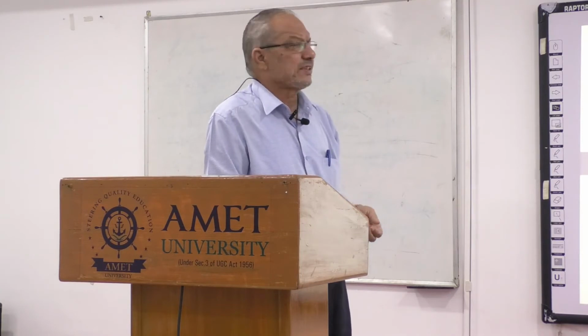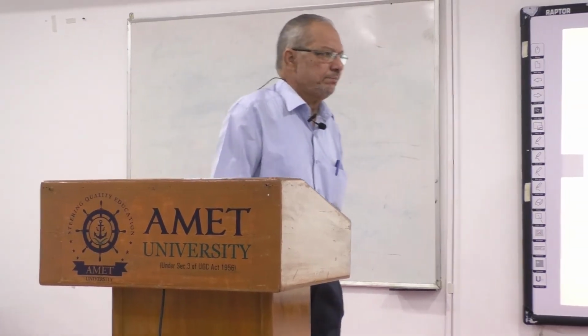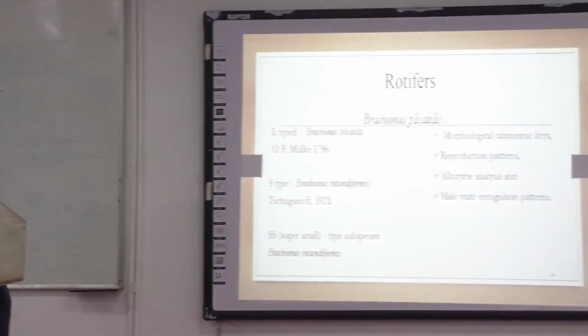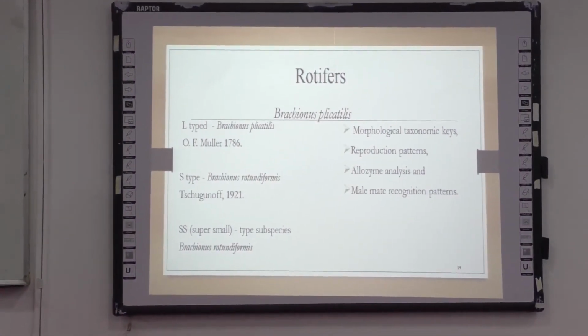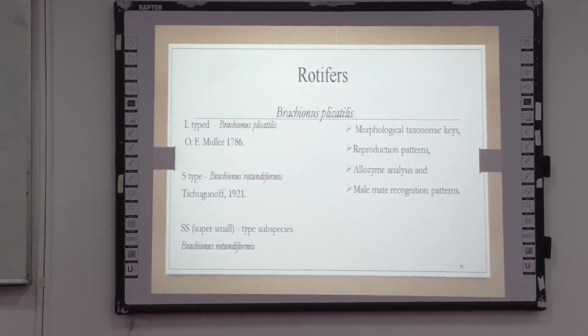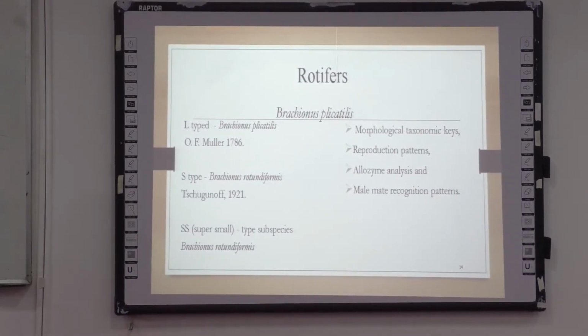Let me pass on to the next live feed, the most important and most extensively used live feed. It happens to be the rotifers. Rotifers are commonly called wheel animalcules, and they have very high diversity, are very tiny, and are the most suitable live feed for aqua hatcheries.